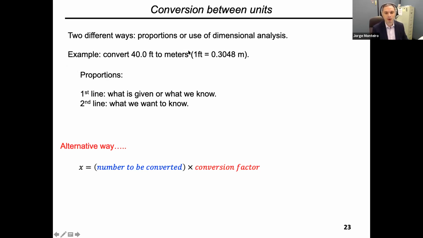And you know here that 1 foot is equivalent to 0.3048 meters. So the way I will show you how to do it is by using proportion, because I think it is easier. But you are free to use whatever you want.